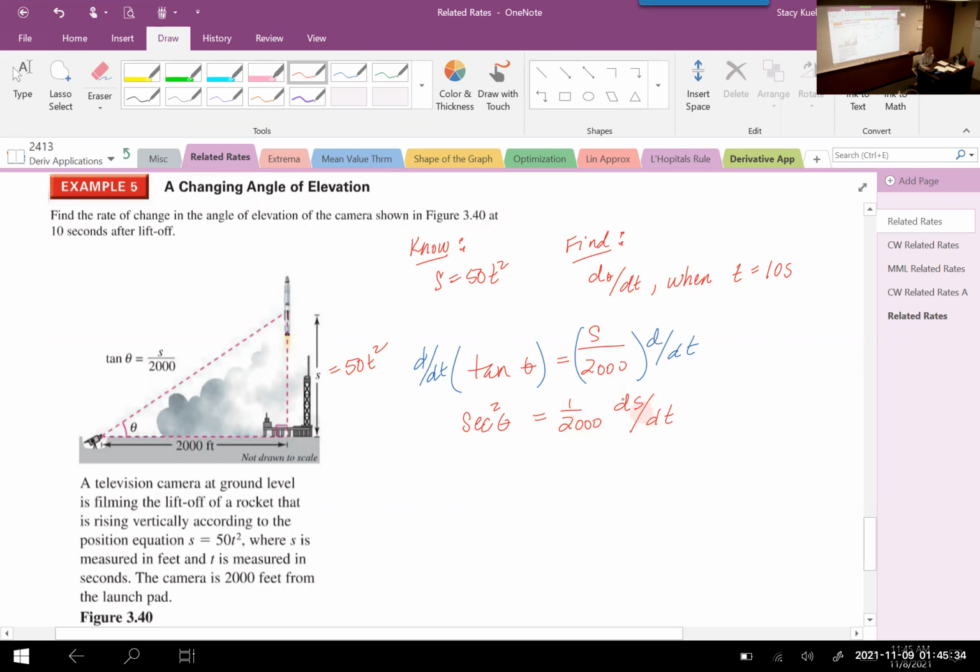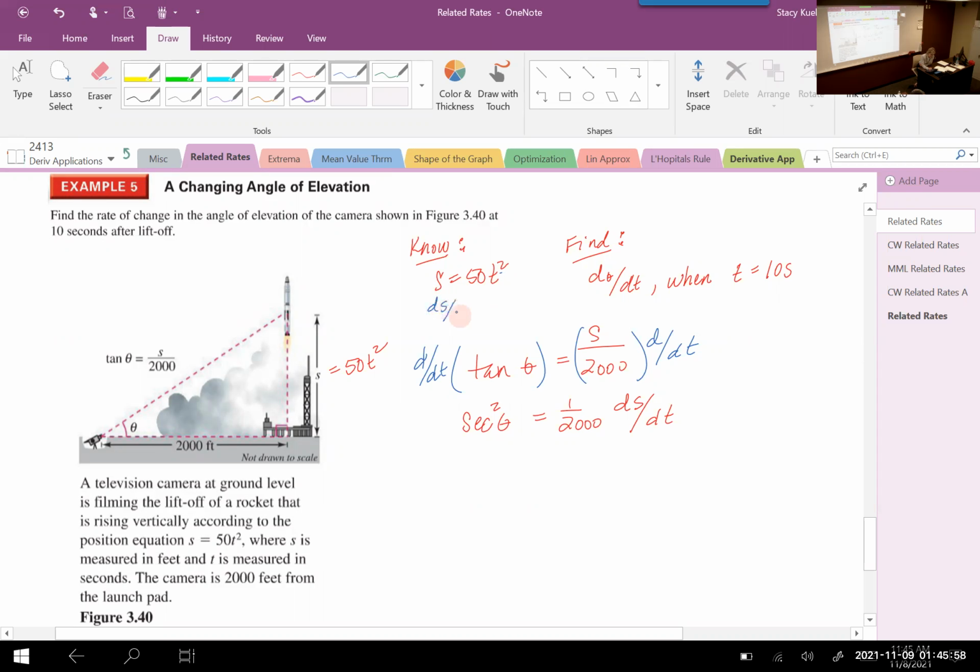So let's take ds/dt. I could find ds/dt by taking the derivative of what we know right there. So the derivative of s equals 50t squared would look like what? Y'all tell me.